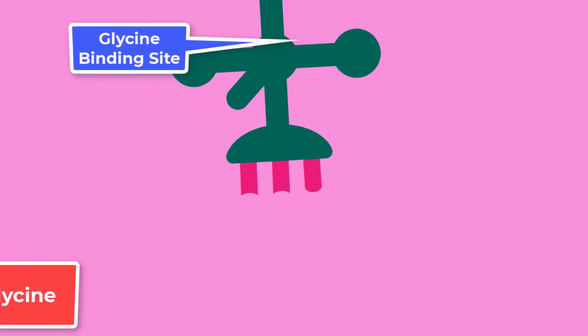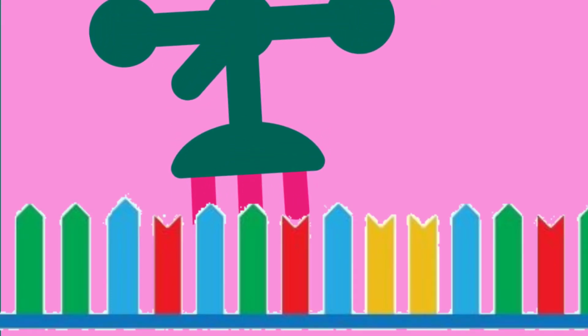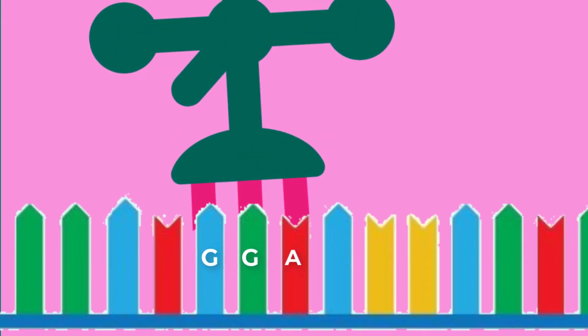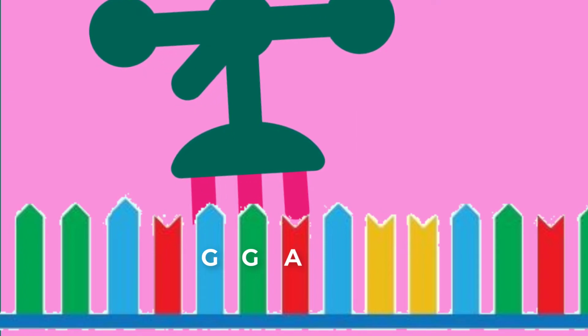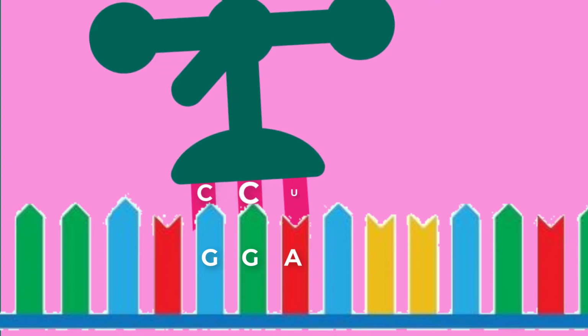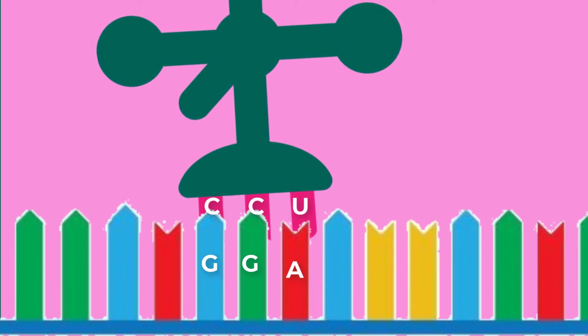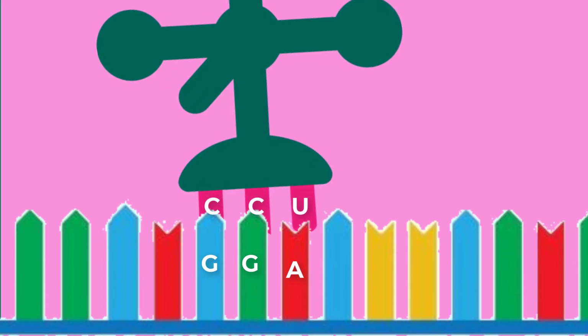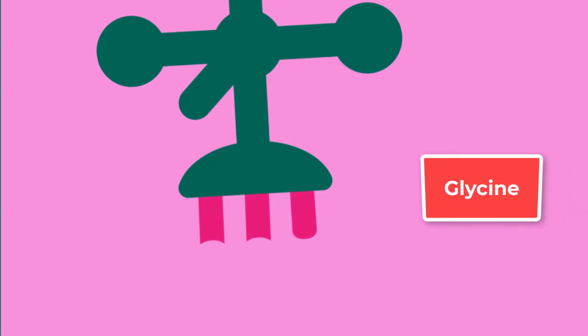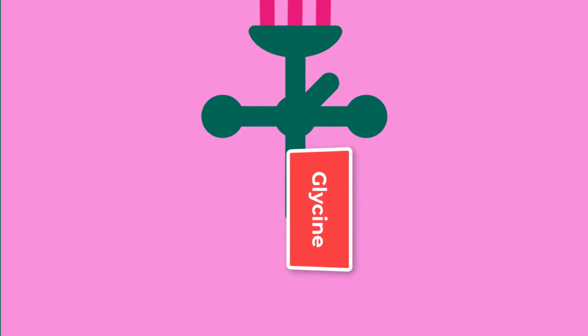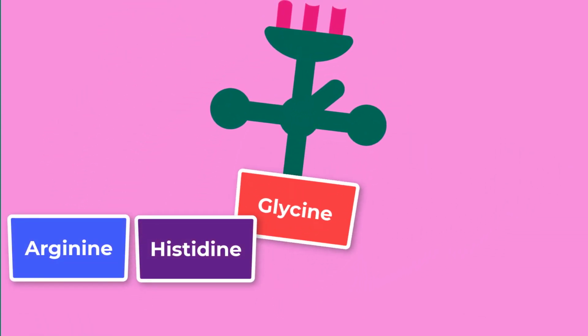On the other end, it contains an anticodon that complements the glycine codon. GGA is the codon for glycine, and so the tRNA's anticodon would read CCU. Equipped with this particular cargo and matching anticodon, the tRNA molecule can read its recognized mRNA codon and bring the corresponding amino acid to the growing chain.